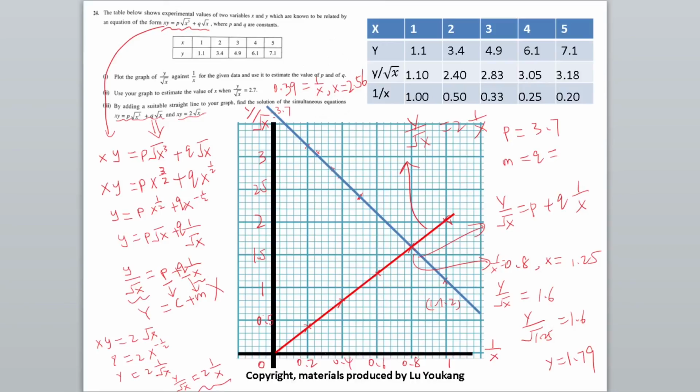I will take 1 and 1.1 to be my first set of coordinates, and I will take 0, 3.7 as the other set of coordinates. So 1.1 minus 3.7, over 1 minus 0, and you should get minus 3.6 instead. I will correct it.